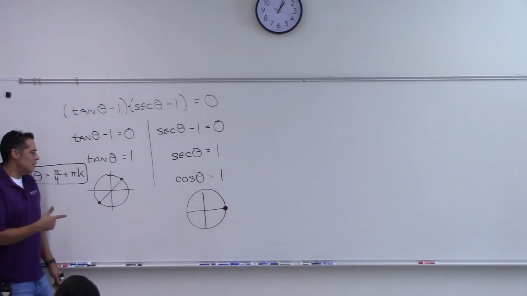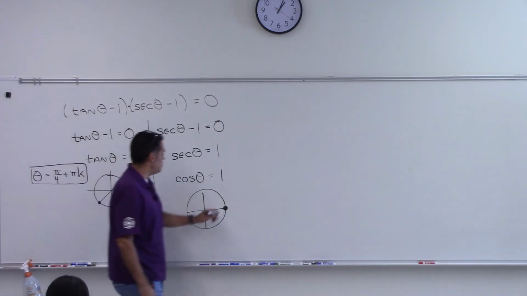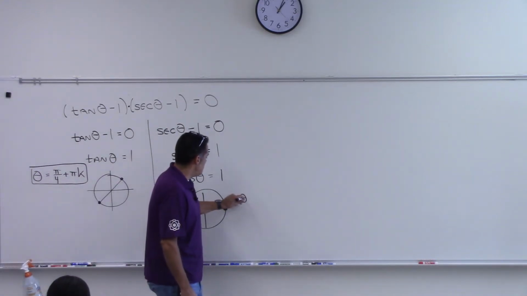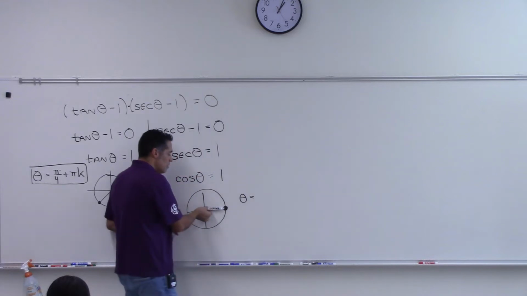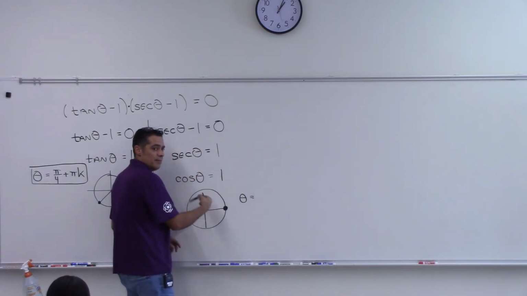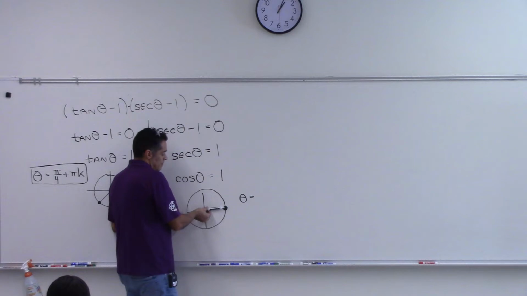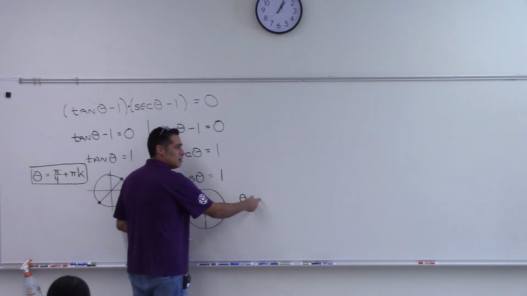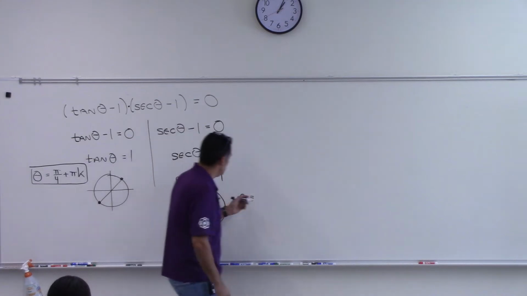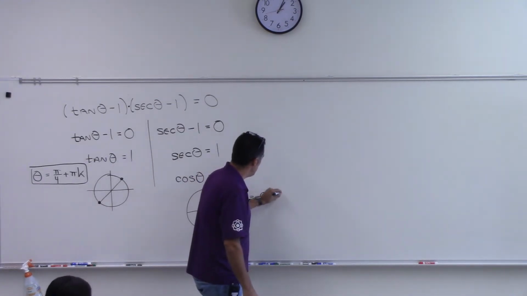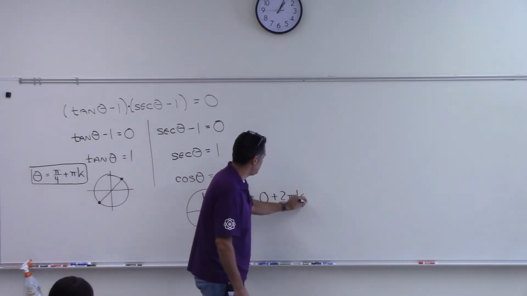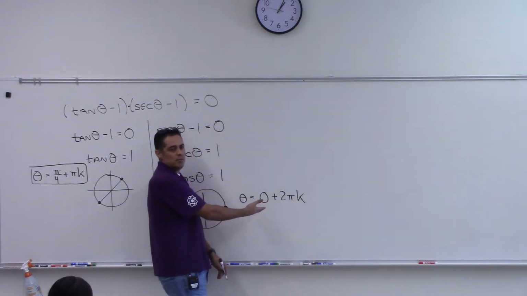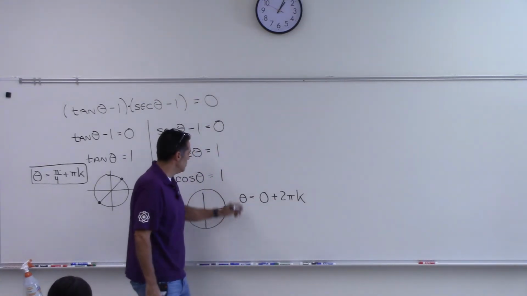So all general solutions are this angle plus full rotations. You can say this angle several ways: 0, 2 pi, 4 pi, 6 pi. Let's say 0 plus full rotations, 2 pi k, and since you don't need the 0, you can just write 2 pi k.